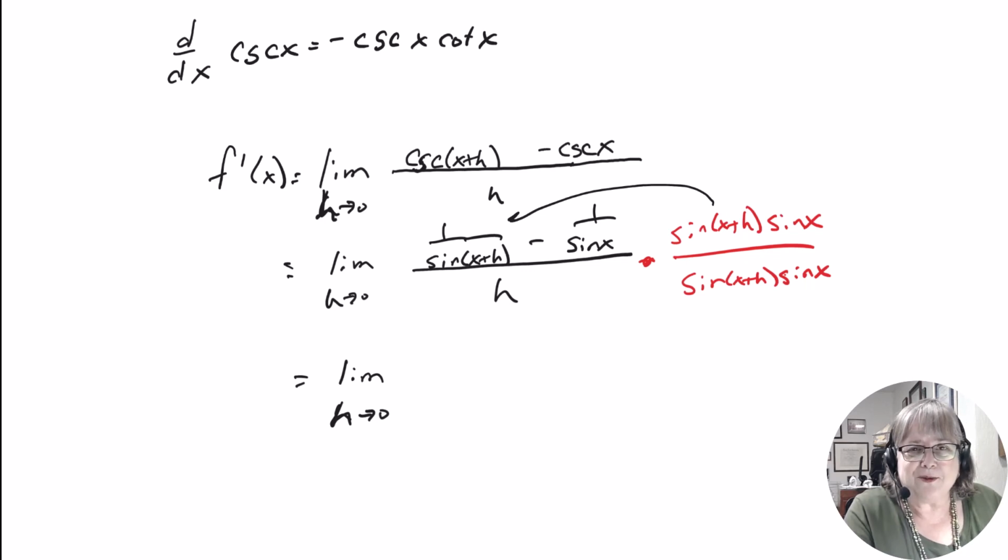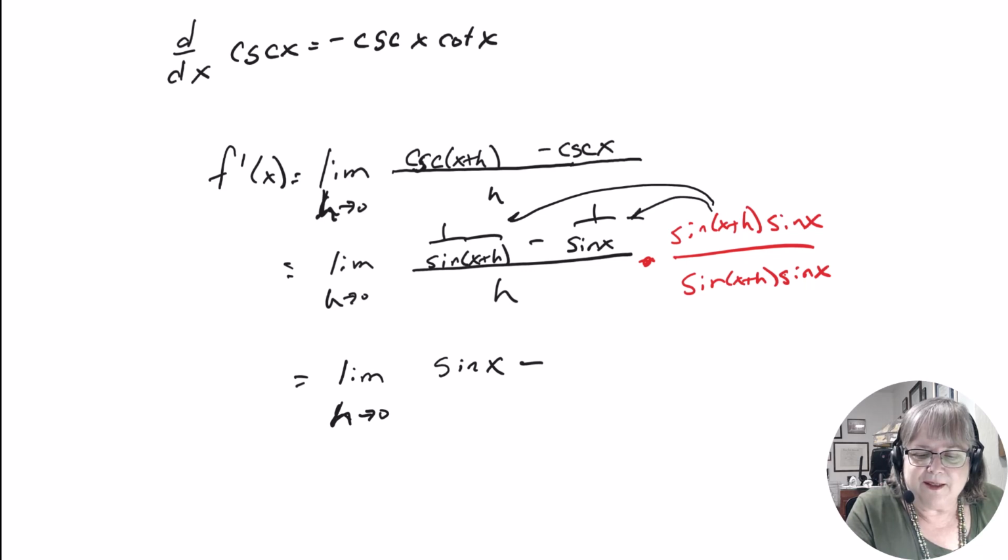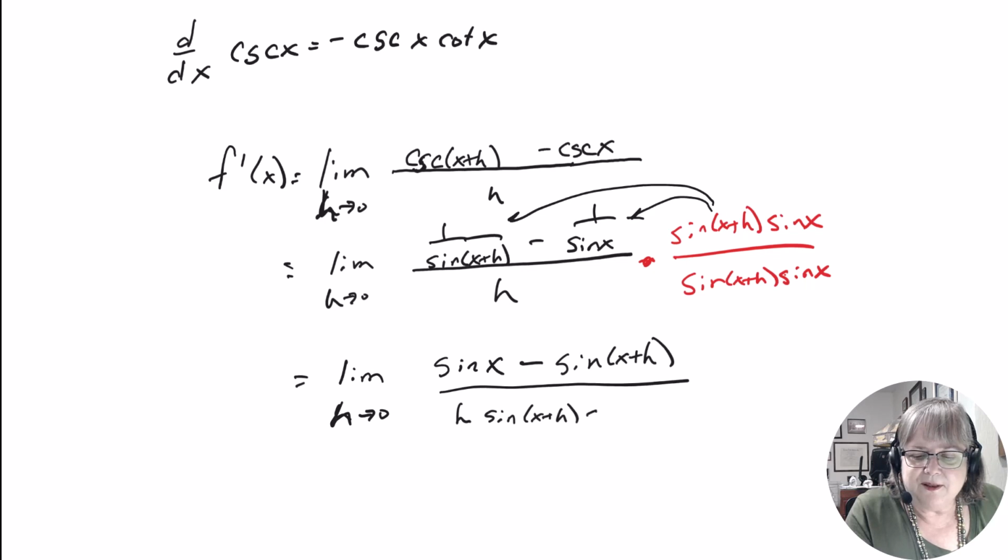I don't know that it's cool enough to raise the hair on your arms and make you go amazing, but it's kind of cool. All right, so the sine of x plus h cancels, and you have sine of x minus, and sine of x times sine of x cancels. Sine of x plus h over h, sine of x plus h, sine of x.